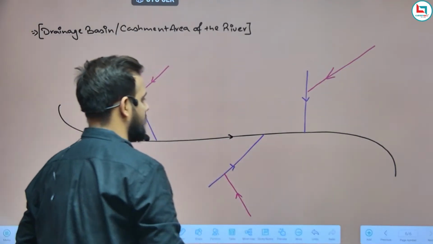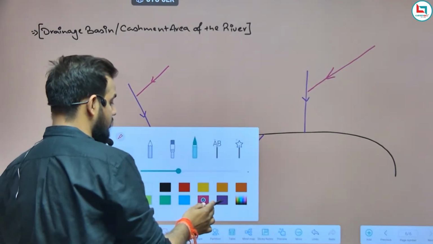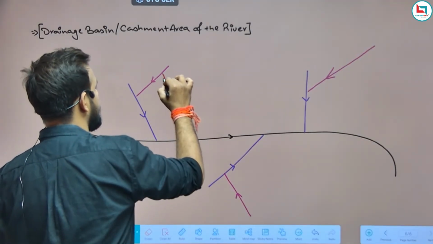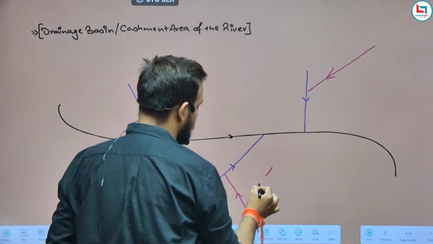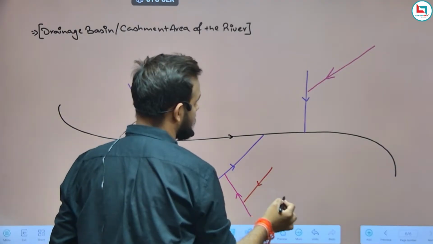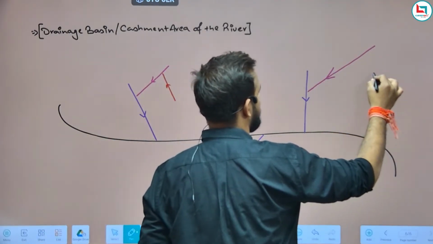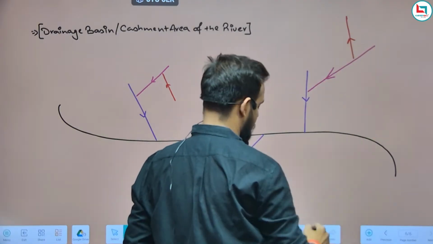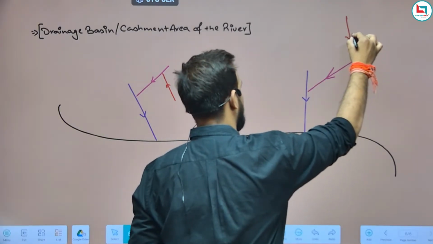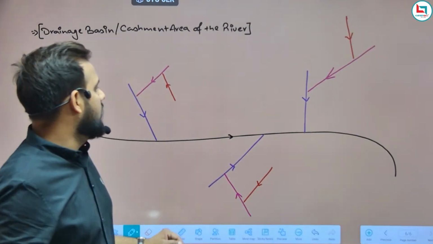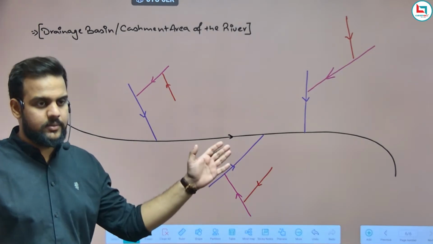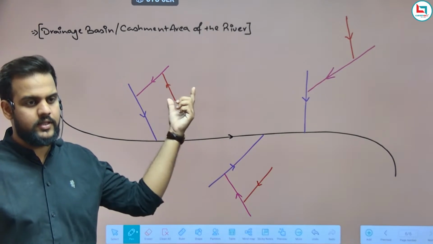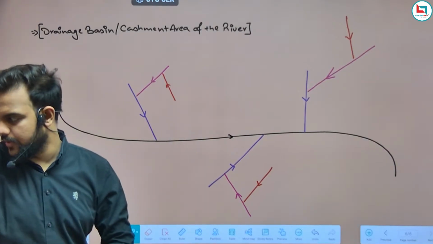Now guys, there is a chance that we also have some third order tributaries, like this. The chances are really very high. So this is the main river with its tributary, its sub-tributary, and its third order tributary.